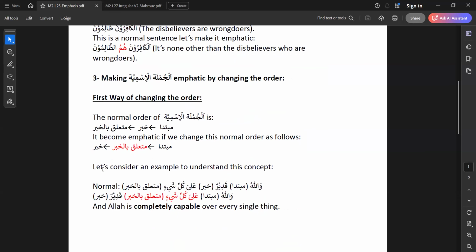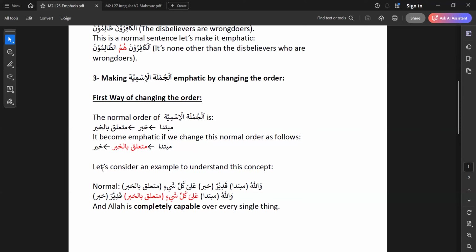Let's go to the next one, number 3: making jumlatul ismiya emphatic by changing the order, which is what I was referring to earlier. The normal order of jumla ismiya, as we know, is mubtada, khabar, and there could be a muta'alliq bil khabar. It can become emphatic if we change the order.